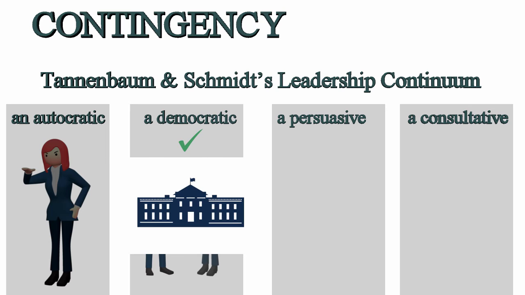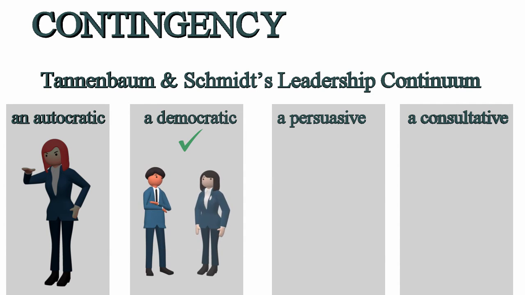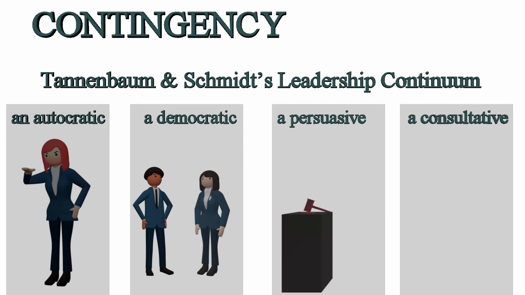In a democratic or joining style, on the other hand, the manager would open up matters of the organization to subordinates and solicit their opinion and encourage discussion about it, moderating rather than directing it, as the collective decision emerges. In a persuasive or selling style, the manager makes the decision for the organization without any consensus from subordinates.